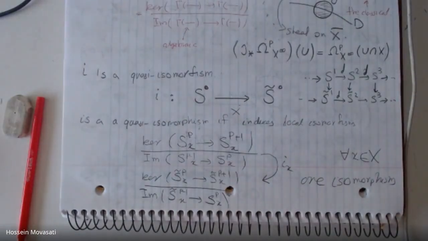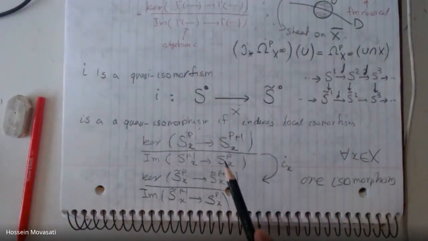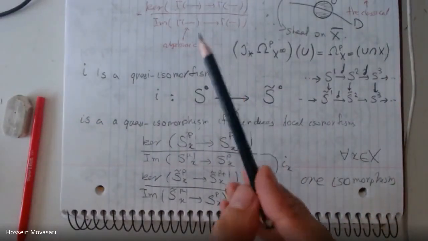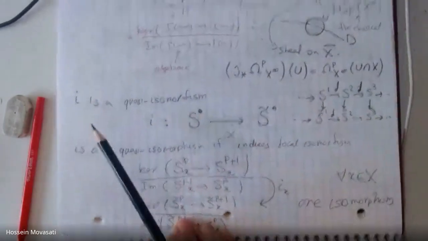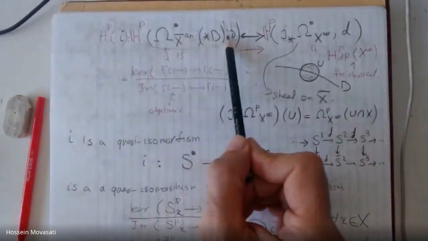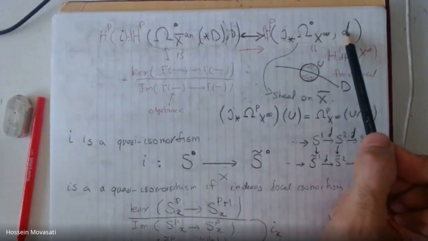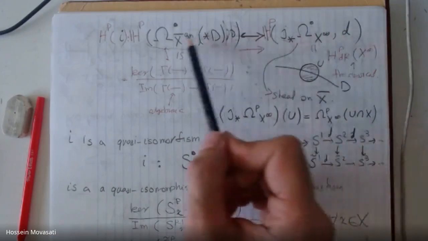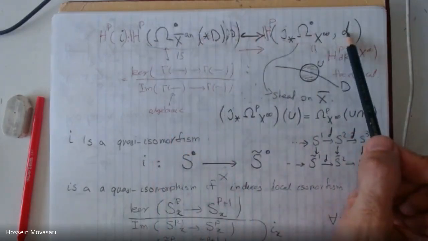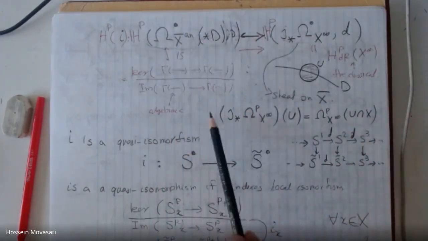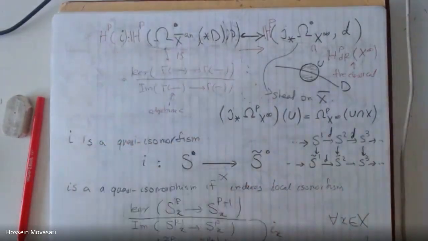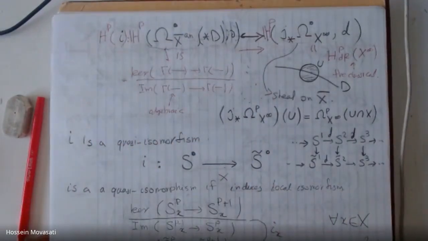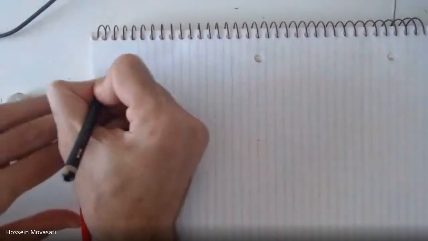Okay, so maybe I sketch. What we want to do is show that this morphism that we had here is a quasi-isomorphism, and then we will use a simple proposition: a quasi-isomorphism of complexes induces an isomorphism when you take hypercohomology. Maybe I write this down. Proposition.